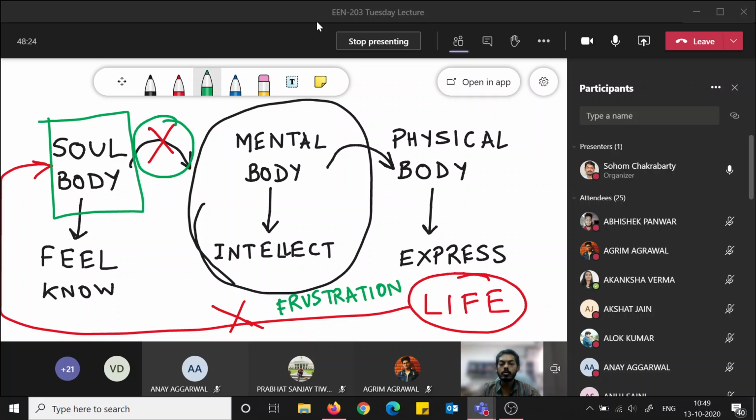Hopefully you have come to an awareness now that there is another body also which we have, which we are not expressing, and that inexpression of the soul is the cause of the suffering and frustration in our lives. One of the basic causes of the suffering and frustration in our lives.